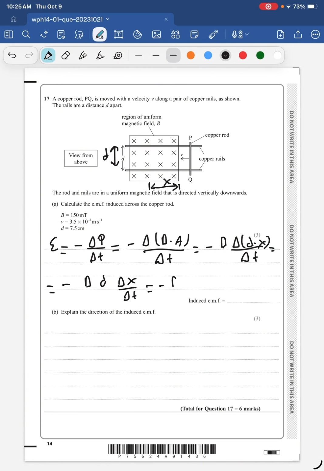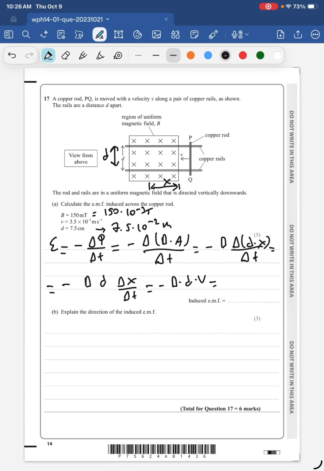So we have minus B d v, and we are given everything. We have to convert milliteslas into Teslas, so we have 150 times 10 to the negative 3 Teslas. The velocity is given in meters per second, so that's fine. And we have to convert d into meters, which is 7.5 times 10 to the negative 2 meters.